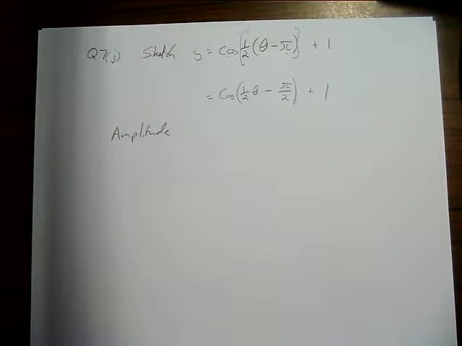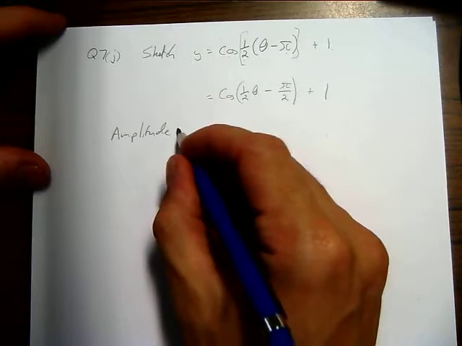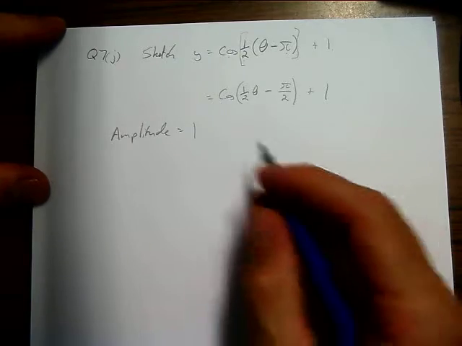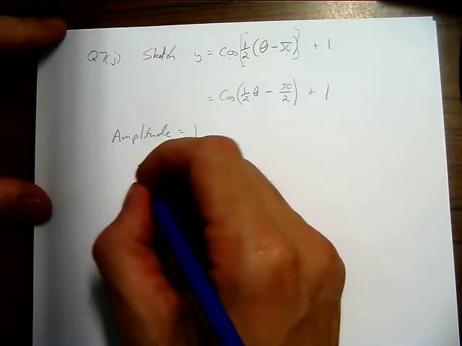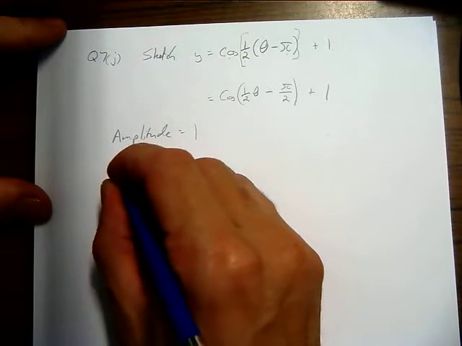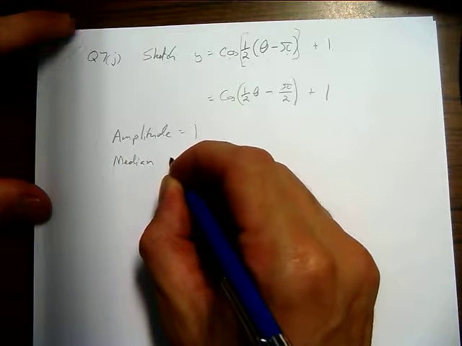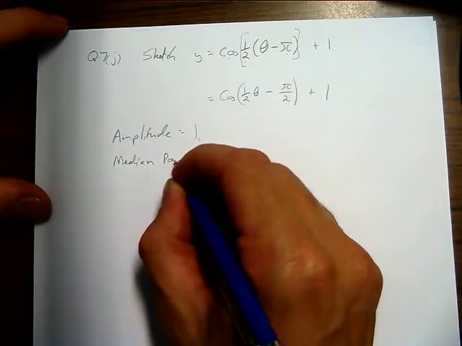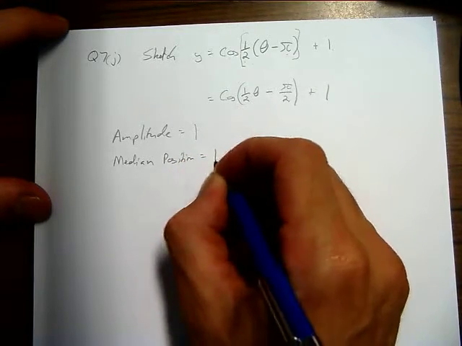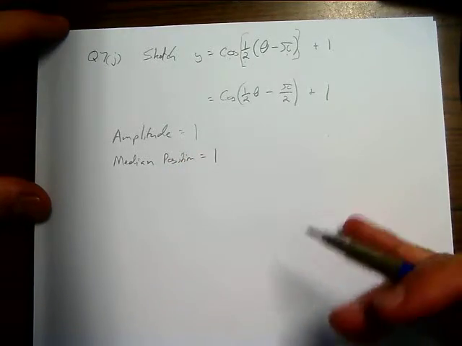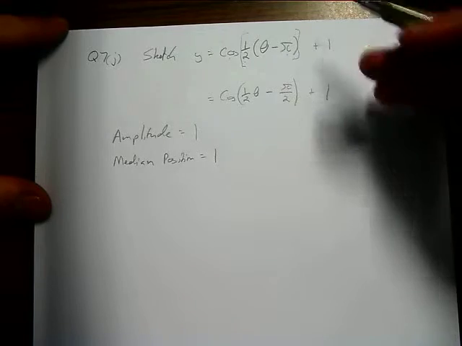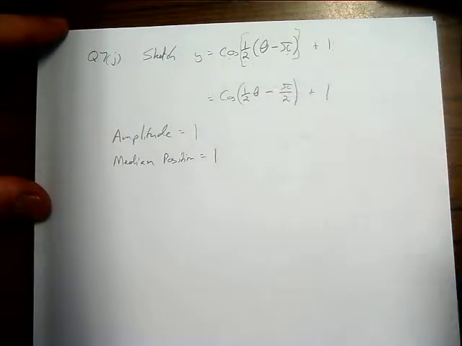There's no number there, so it can jump out and help us. So our amplitude is 1. What's our median position? Median position is 1. So that's shifted 1 in the positive direction. So everything is shifted 1 up.